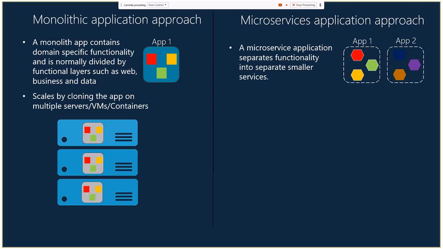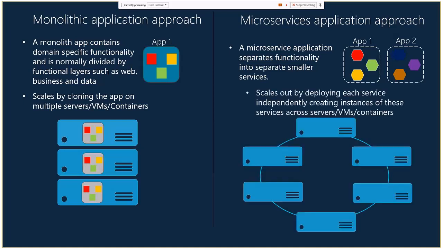Instead of taking that approach, in the microservice application approach, all of the different functionality is separated into smaller pieces that we call services. So you might have a user service that is strictly in control of your user settings and user information. You might have another that is specifically dealing with routing.